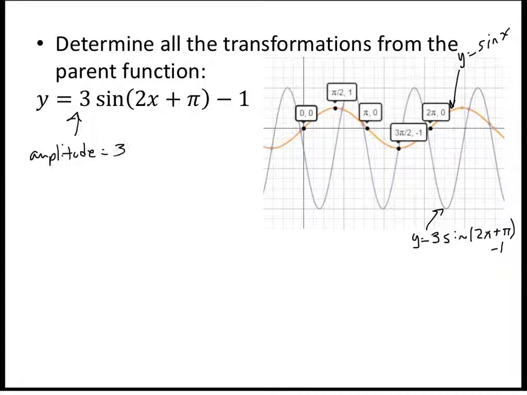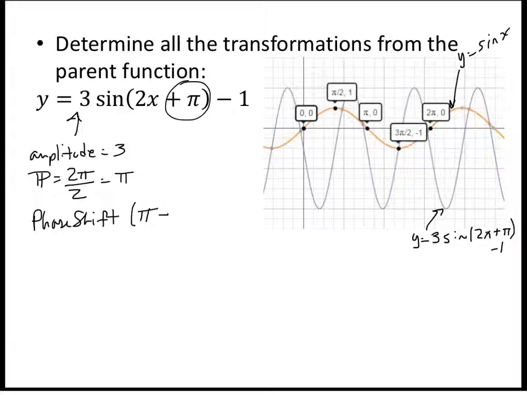So the first thing we see going on, our amplitude is going to be 3, right? Our period is going to be 2 pi over 2, which is just going to be repeating every pi. Okay? And then we have a phase shift, which is horizontal translation of pi to the left, right?